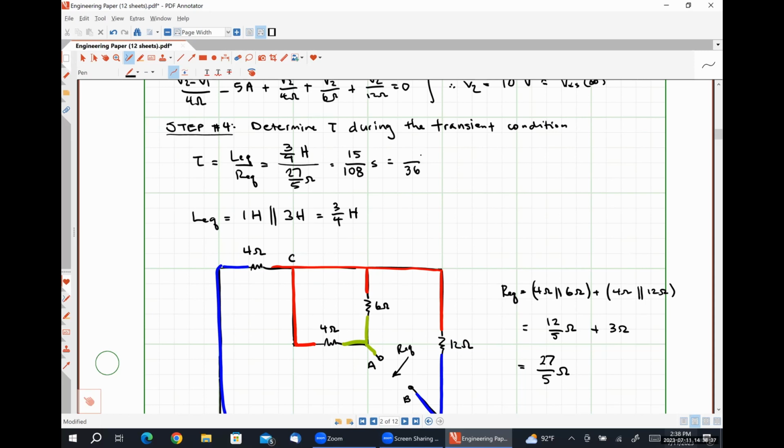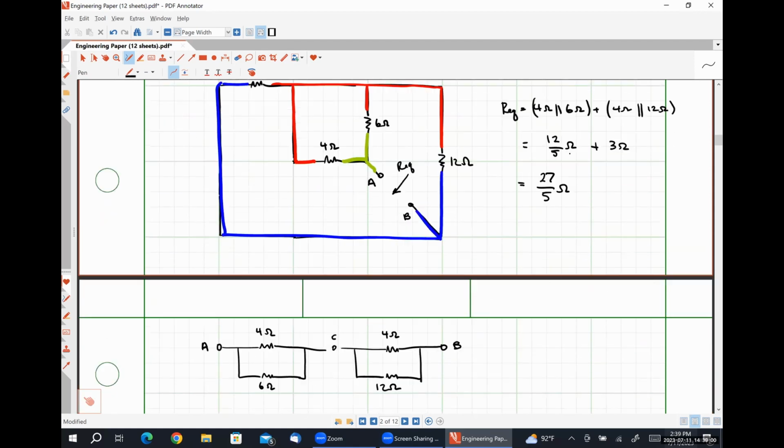So 5 over 36. Oh, 5 over 36, I was right with 36 there. Okay. And from this, the inverse of our time constant is 36 fifths per second.